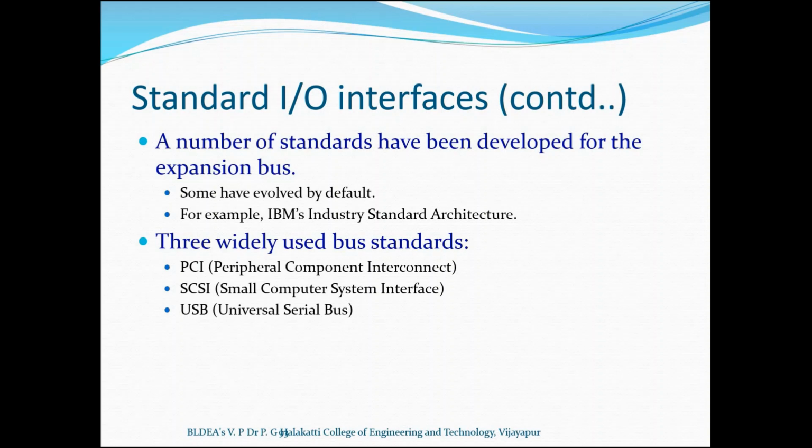Now for example, IBM developed a bus called Industry Standard Architecture, which we call ISA, for their personal computers known as PC-AT. Now the ISA bus is a 16-bit bus.